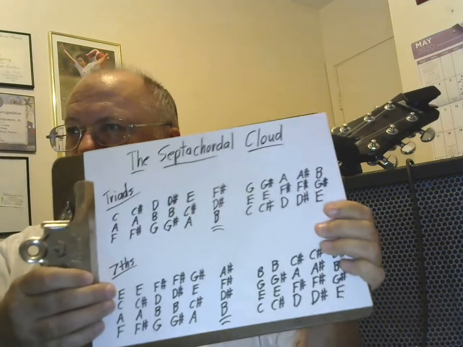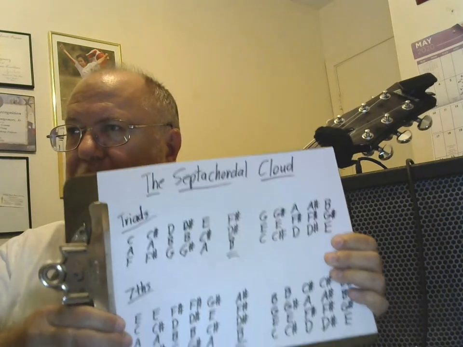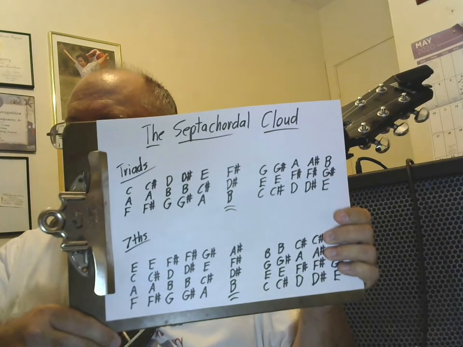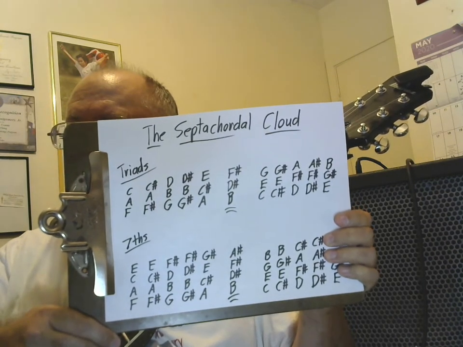Okay, so let me show you what that looks like. If you can follow, maybe easier by just looking at it like so. See where the triads are? That's what I'm calling the Septachordal Cloud.